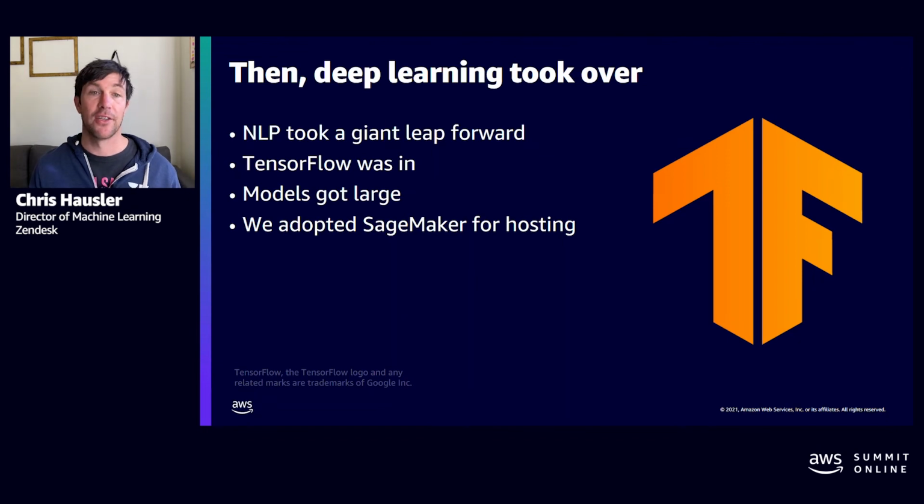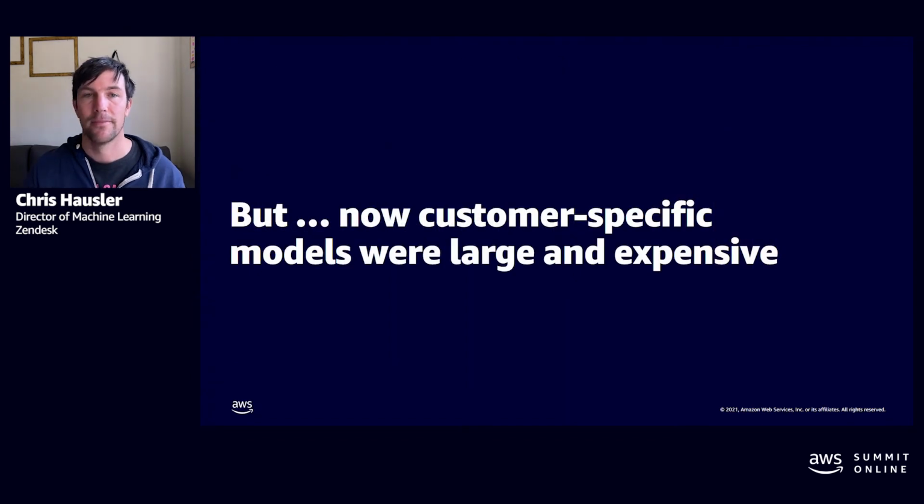And with that came a technology shift, and we saw scikit-learn maybe not being used as much internally for us, and TensorFlow really taking the main stage as far as the technologies that we were using. As a result, the TensorFlow models we were building, the language understanding models, got really large. And that was a big difference to what we'd seen with the scikit-learn models. And we were very early adopters of using SageMaker to host these large neural nets in production.